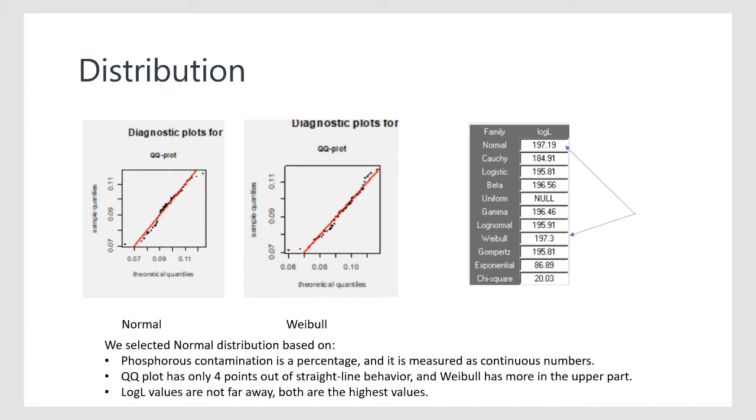We also selected that because phosphorus contamination is a percentage and is measured as a continuous variable. And the log likelihood values that we have are quite similar for Weibull and normal, but the test that we use placed the normal distribution at the top because it makes several distribution tests.